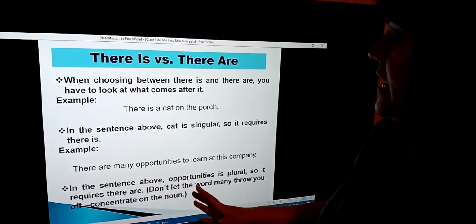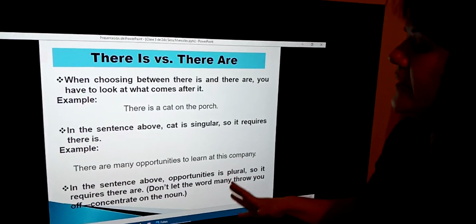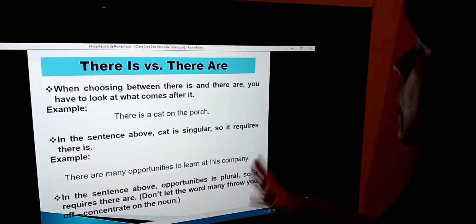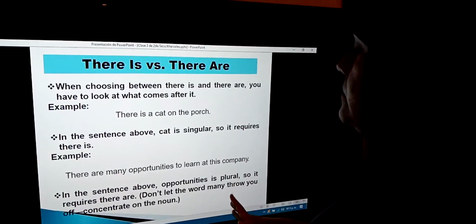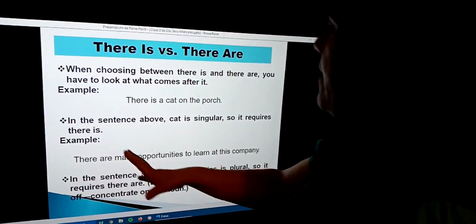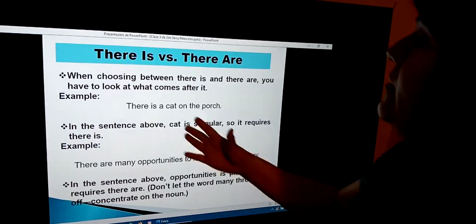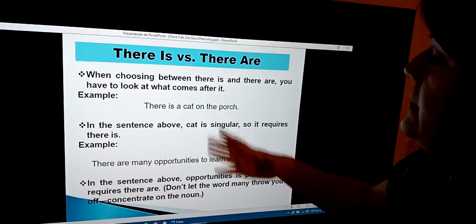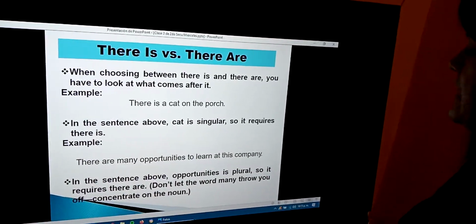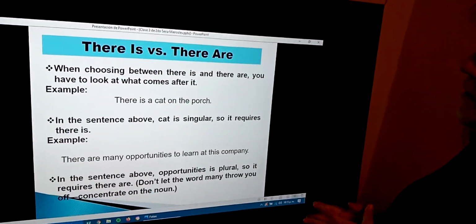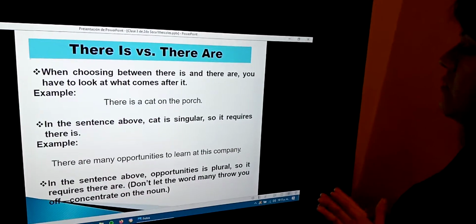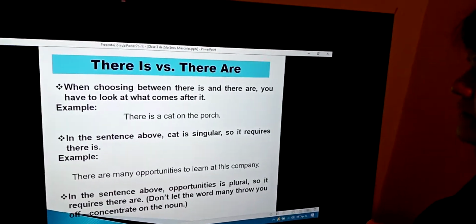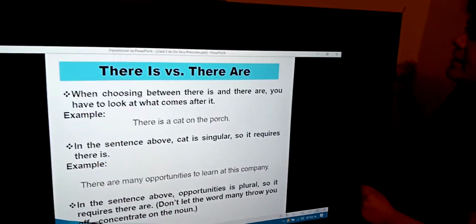Concentrate on the noun. "There is" is singular, "there are" is plural. Okay?